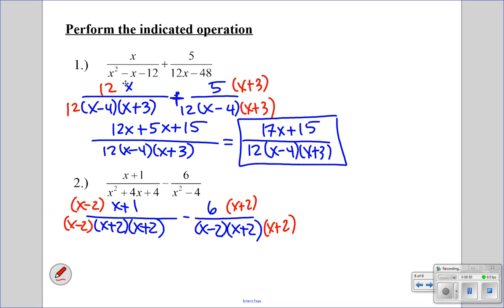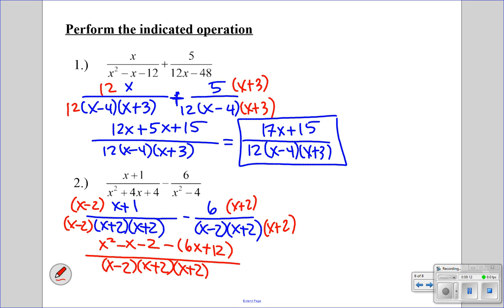So what we've got here is x squared minus x minus 2 minus 6x plus 12. Okay? All over x minus 2, x plus 2 times x plus 2.